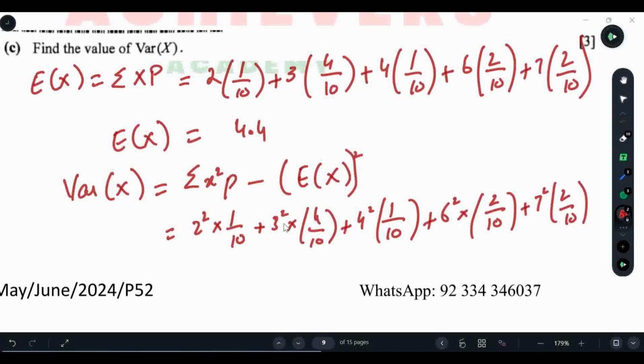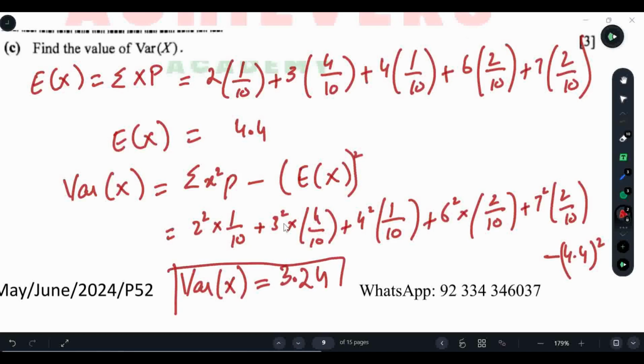Now we simplify it and subtract 4.4 square. The rest is the calculation, that is why I am just sharing the final answer, that variance of x will be equal to 3.24. This will be the final answer.